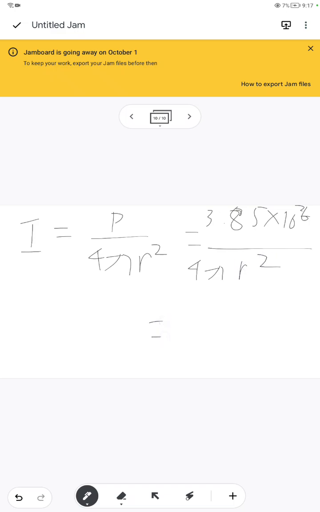I'm just gonna put it in the calculator. The unit of intensity will be watts per square meter, right? Watts per square meter, that will be the unit of intensity.